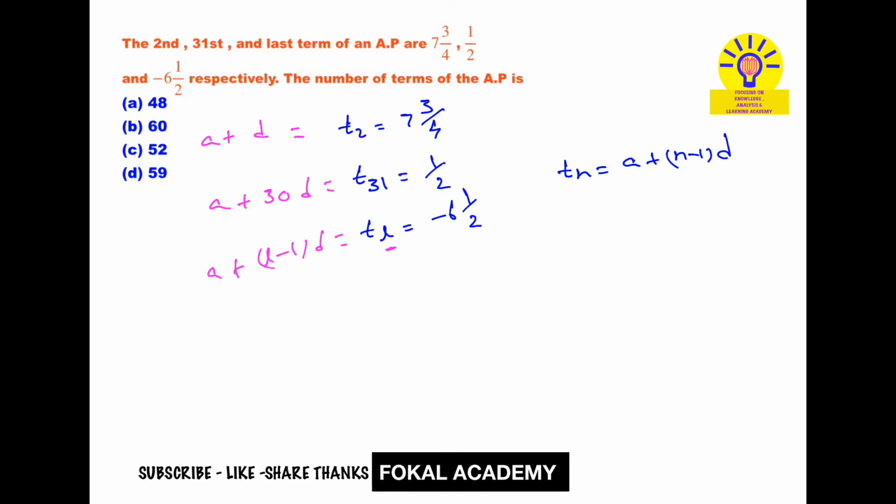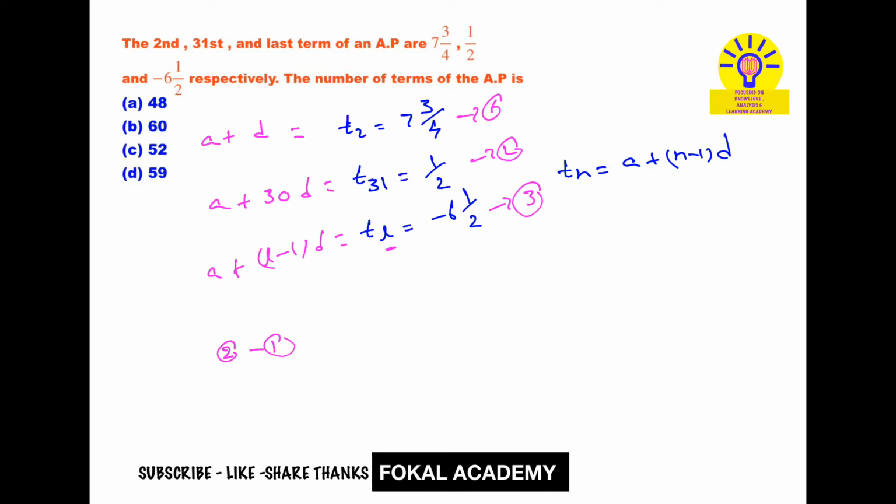So this is equation 1, this is equation 2, and this is equation 3. Now subtract equation 1 from equation 2. Then we get the D value and A value from this operation.